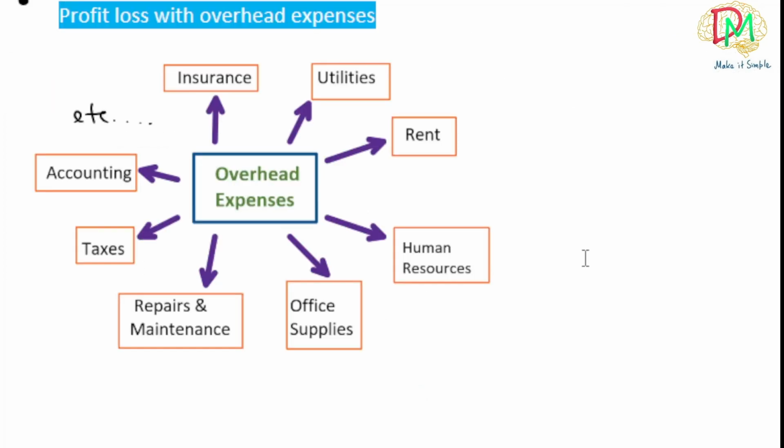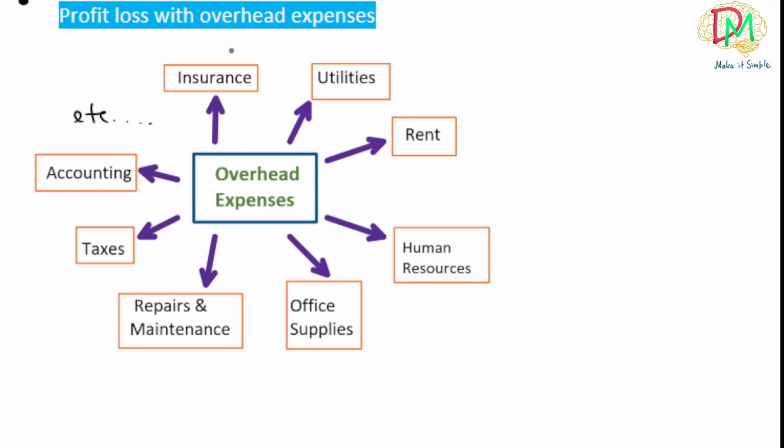Now we learn how to calculate profit or loss considering overhead expenses. First of all, we should know that to run a business there are many other costs or expenses, that is indirect costs other than the material cost.